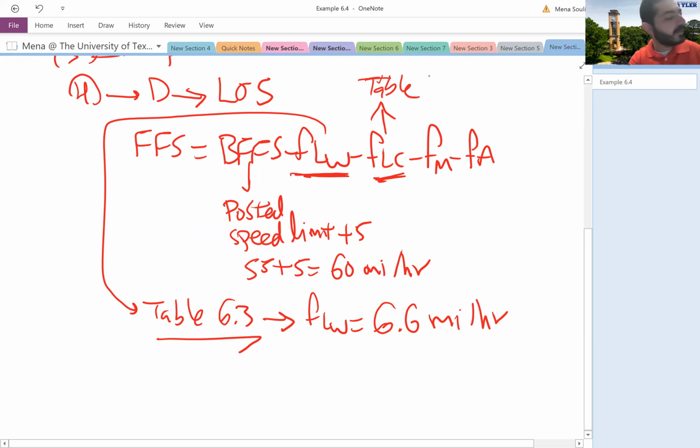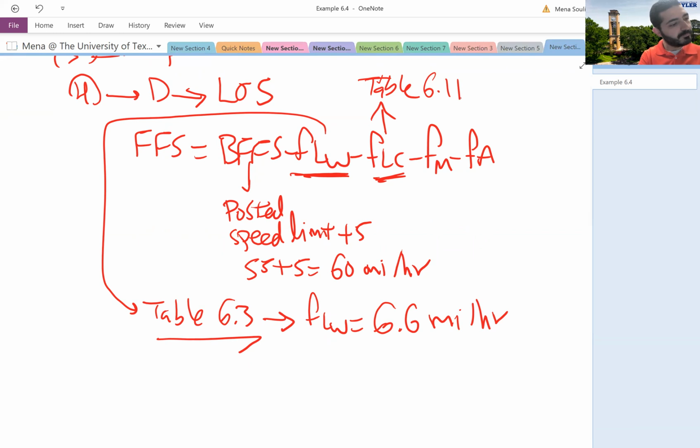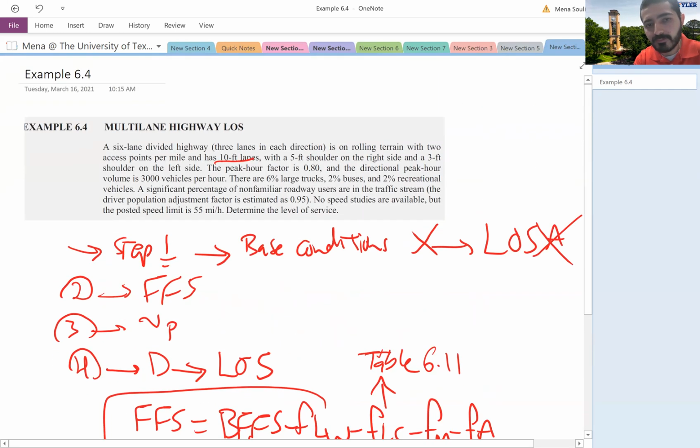FLC, the lateral clearance, where first we need to know which table, and like what we did last time, for example, 6.3, we need to use table 6.11. To get to table 6.11, we need to get the total lateral clearance from the right and the left. Going back to the question, it was told to us that we have 5 feet shoulder from the right and 3 feet shoulder from the left.